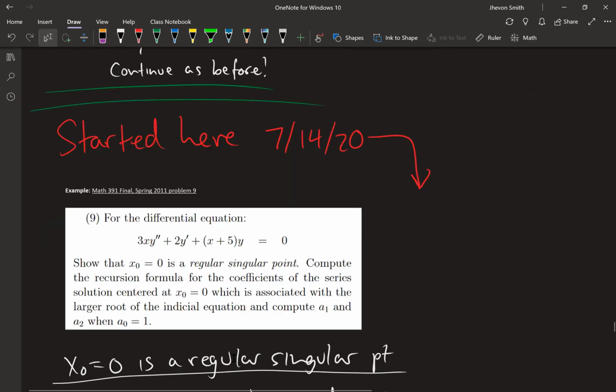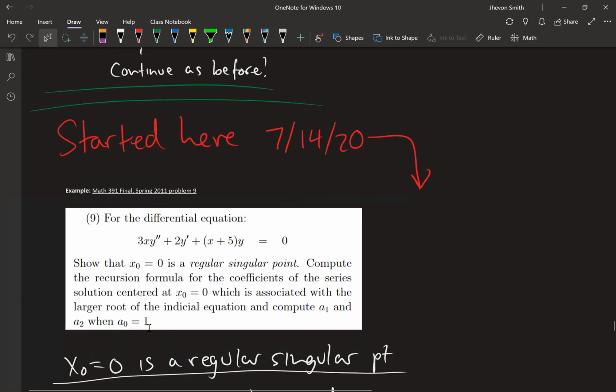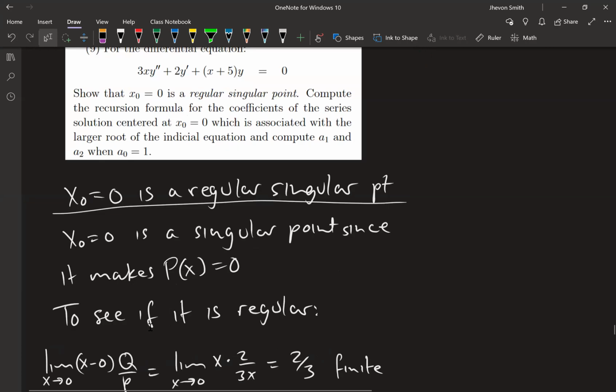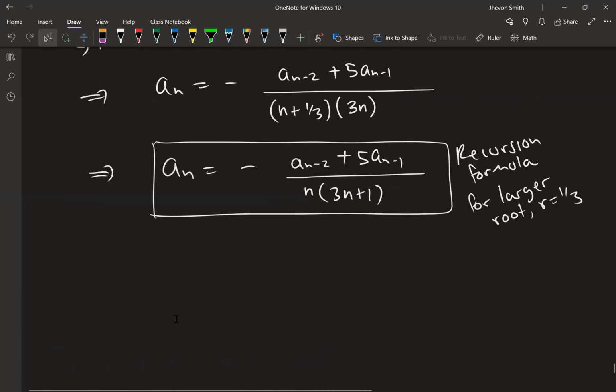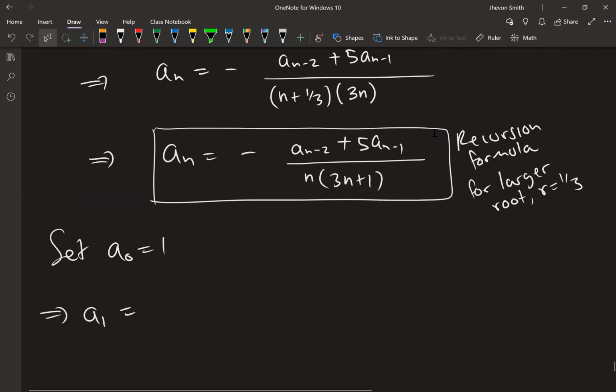So then it asked us, compute A1 and A2 if your A0 is 1. So we're going to set A0 equals 1. This means that A1 is going to be equal to, and I'm going to just use this guy right here.